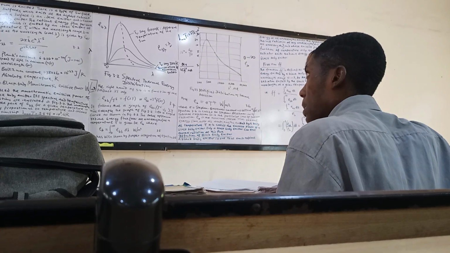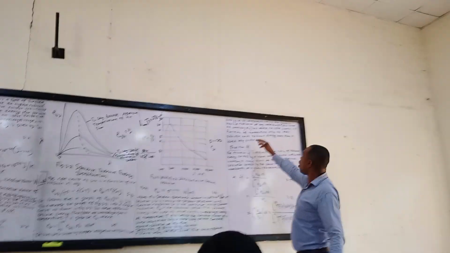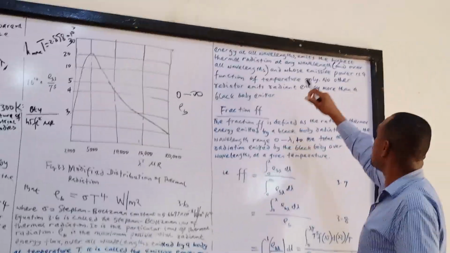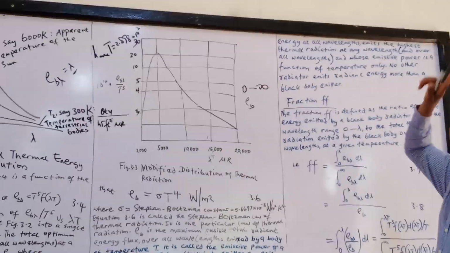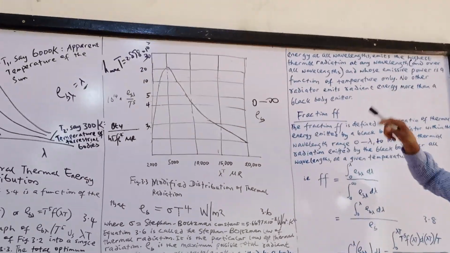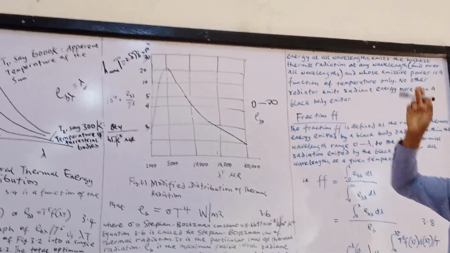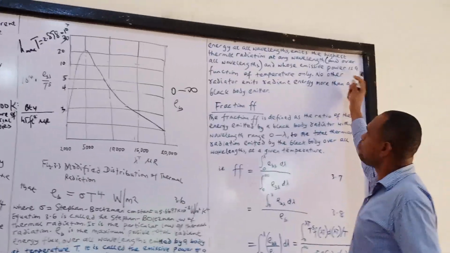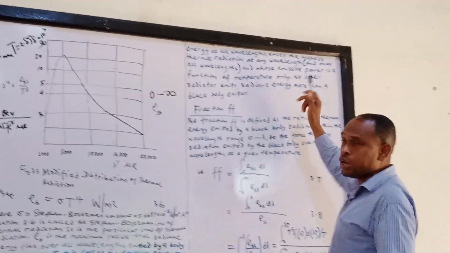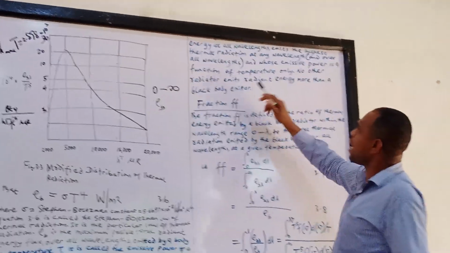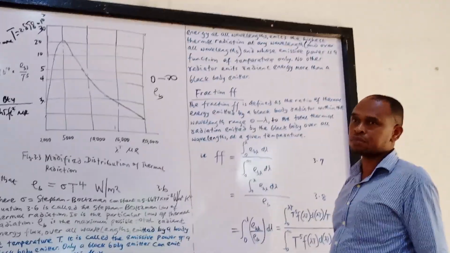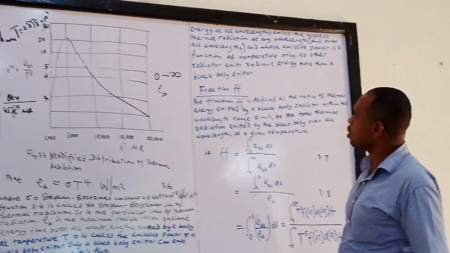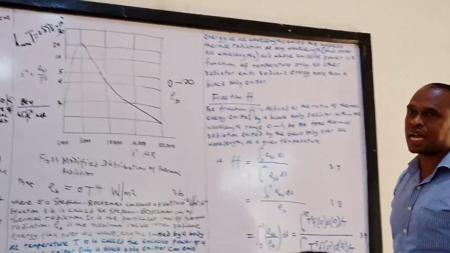Okay, so the definition of a black body emitter. A black body emitter is one that emits radiant rays at all wavelengths, emits the highest thermal radiation at any wavelength and over all wavelengths, and whose emissive power is a function of temperature only. No other radiator emits radiant energy more than a black body emitter. Now we have known what a black body emitter is.